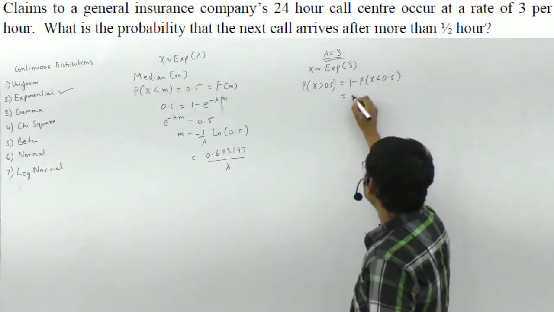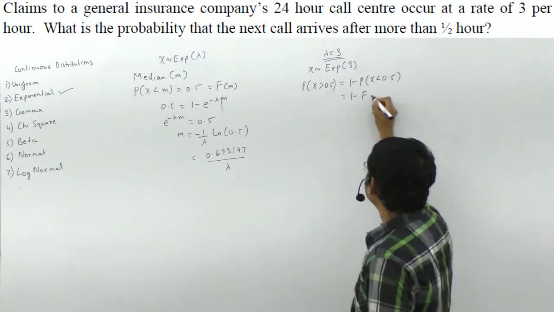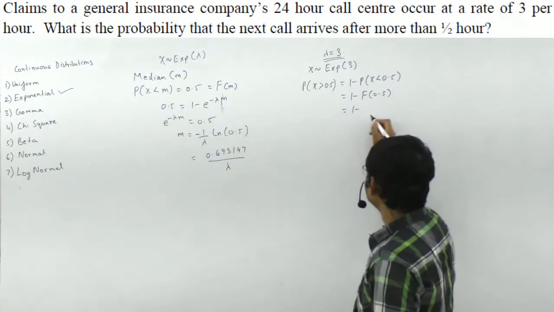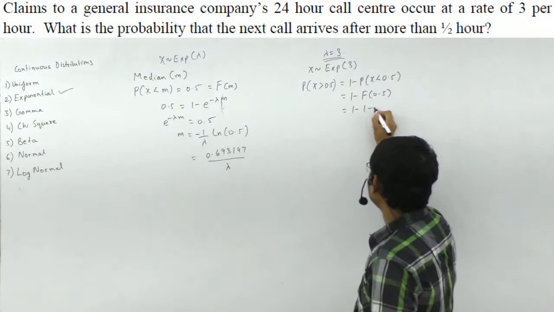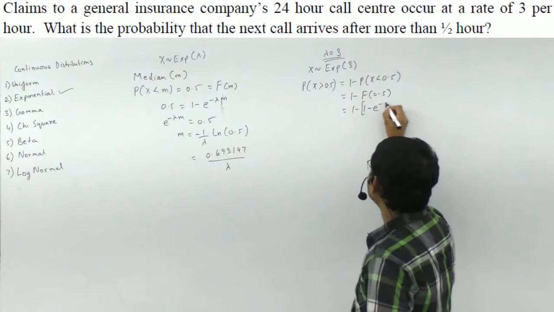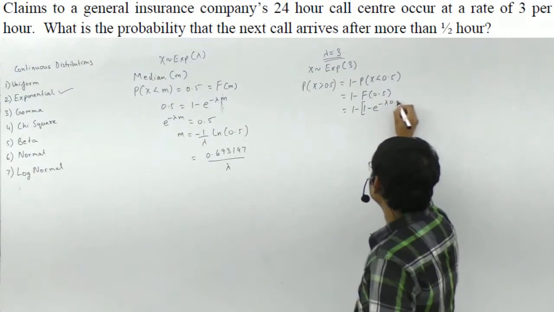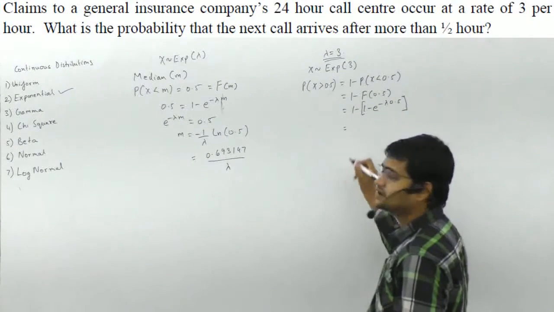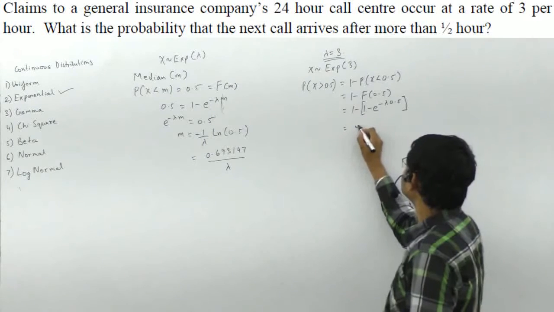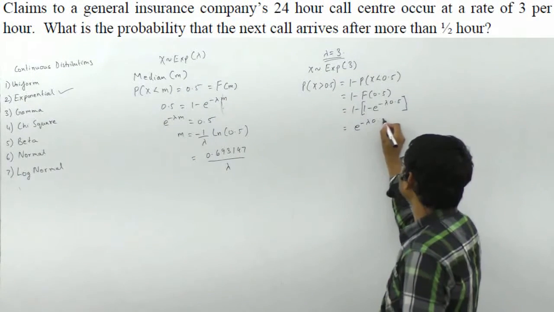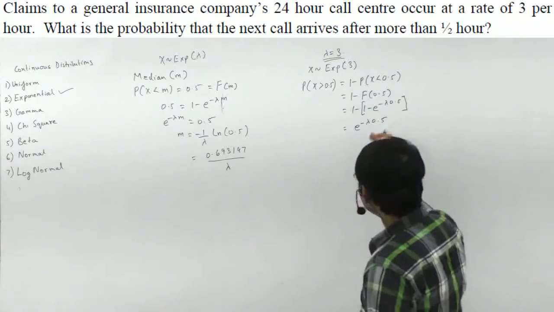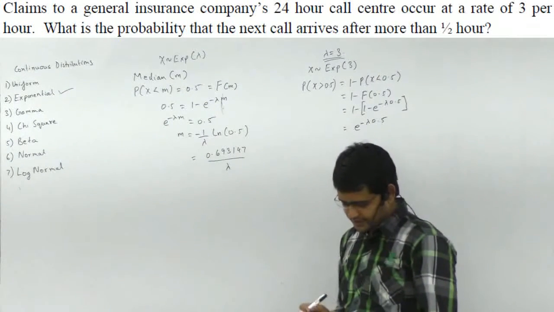That is nothing but 1 minus capital F of 0.5. Capital F is nothing but 1 minus e raised to minus lambda times 0.5, and that gives us e raised to minus lambda times 0.5. Lambda is 3, you can substitute here or directly in your answer.